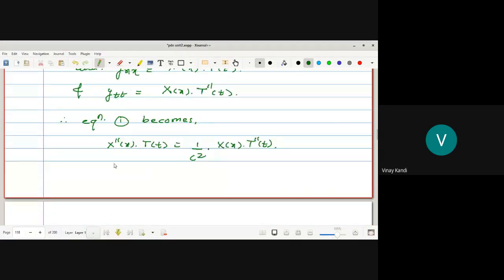Okay, now equation 1 becomes X double dash of x into T of t is equal to 1 upon c square into X of x into T double dash of t.